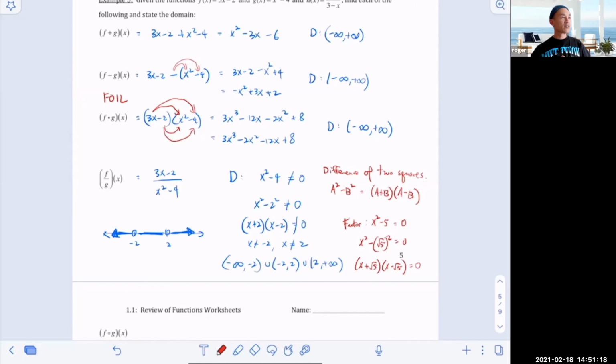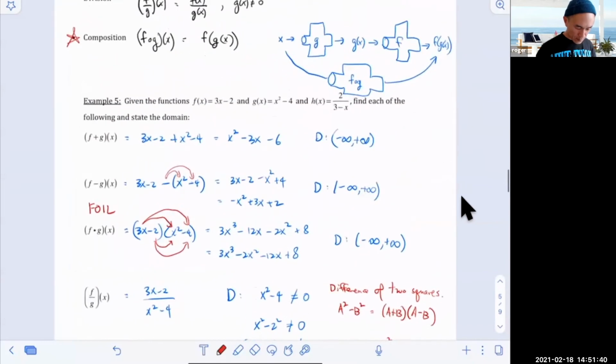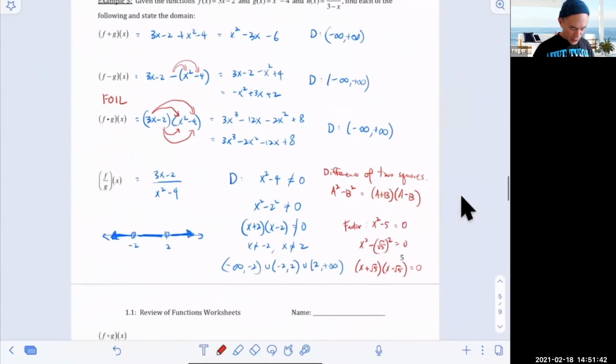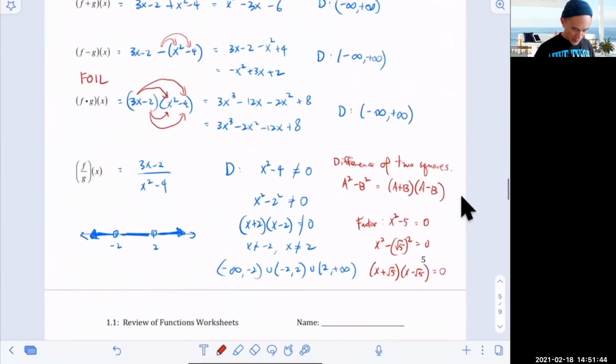Right now it's Kate, so Dana, here we go. The alarm went off too. I thought I could remember in the 3 minutes, 5 minutes. Okay. All right. Perfect. So 3x minus 2 and x squared minus 4. Okay.